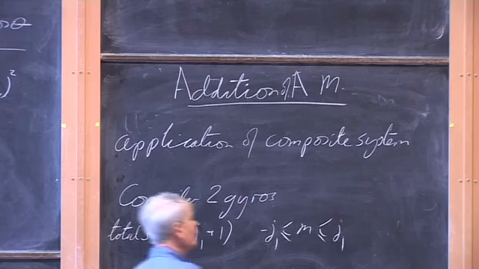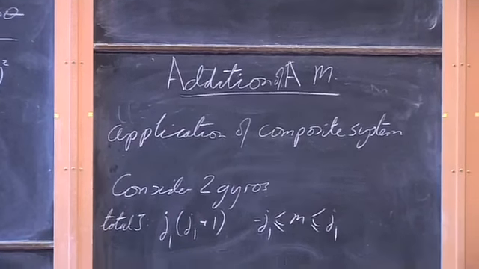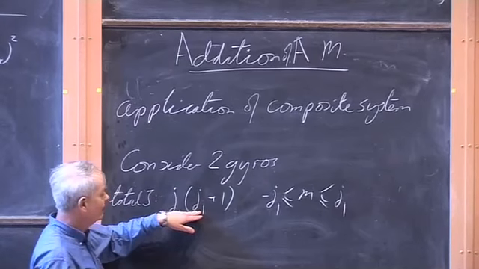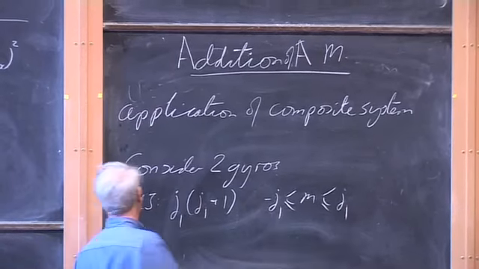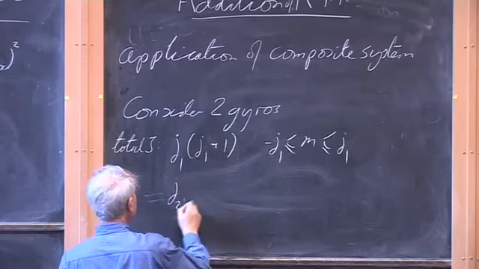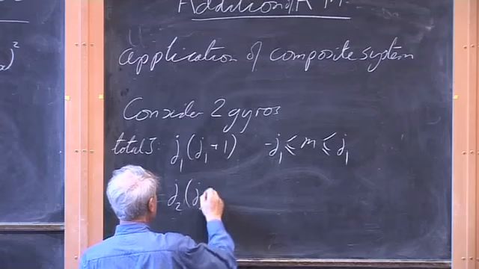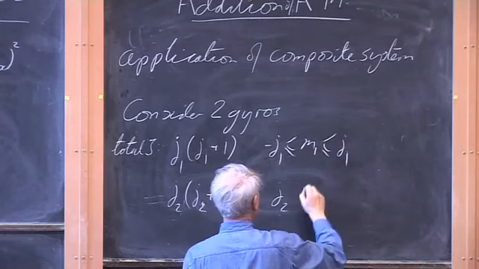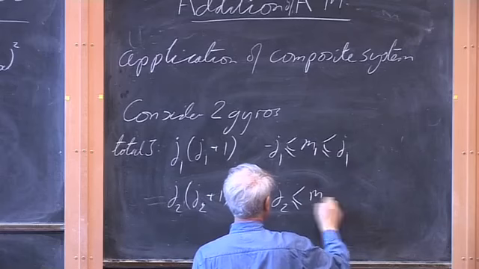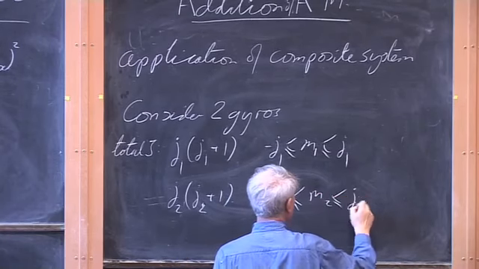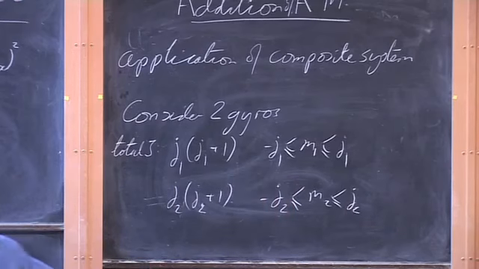So that's the rate at which this gyro spins, fixed by some servo motor or something, right? And it's spinning at this rate. And we're going to have gyro 2, which obviously is going to have total angular momentum squared J2(J2+1). So M2 is going to lie between minus J2 and J2. So we've got these two gyros.